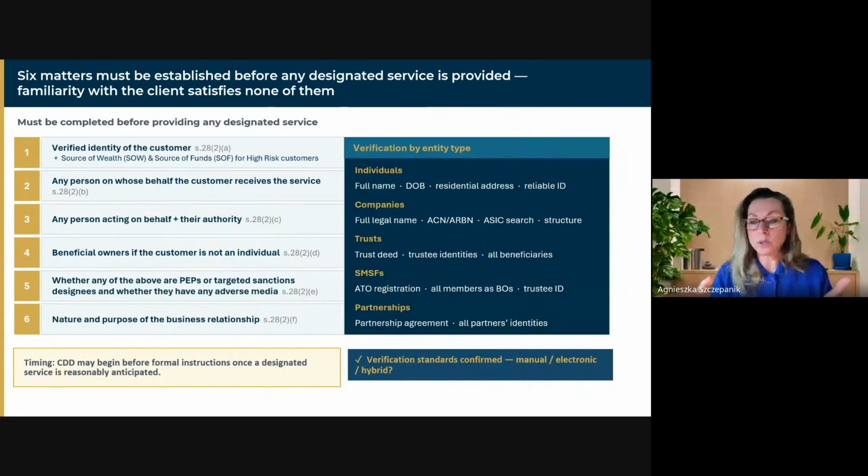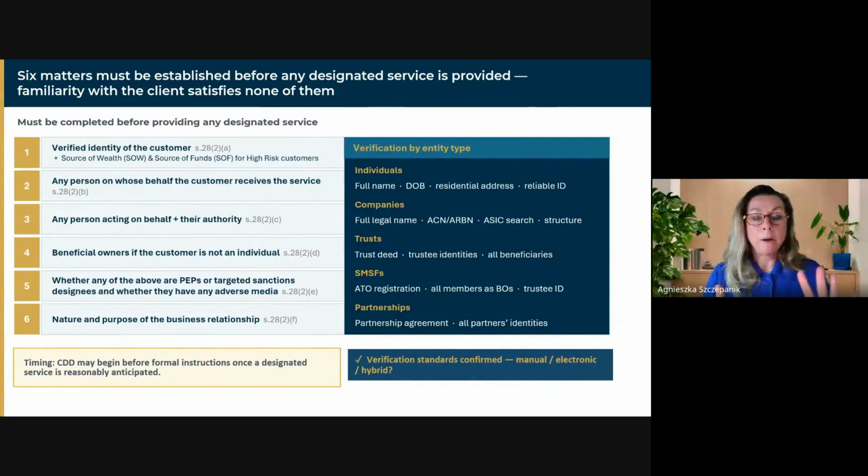Tools like Seamlss will absolutely help with that, because they go to the government sources, whether it's passport databases, license databases, or ASIC databases for company setups, and those documents that you collect for your individuals are then checked back against the other databases.